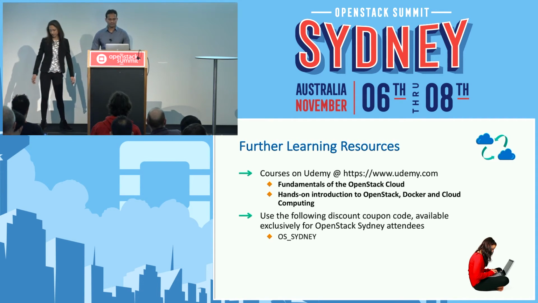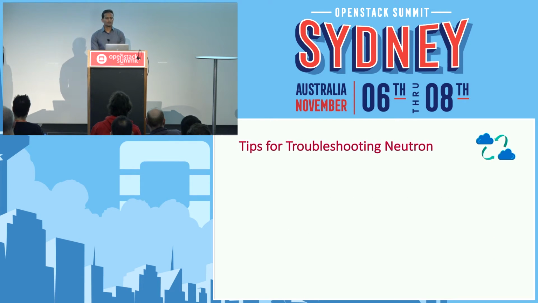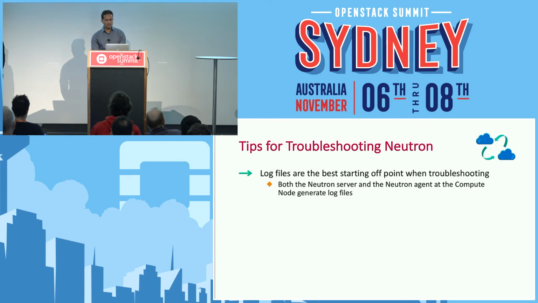Thank you, Shalu. So I will talk to you about troubleshooting Neutron networking from my practical experience. The first starting point to troubleshoot Neutron networking is looking at the log files generated by the Neutron server and the Neutron agent.